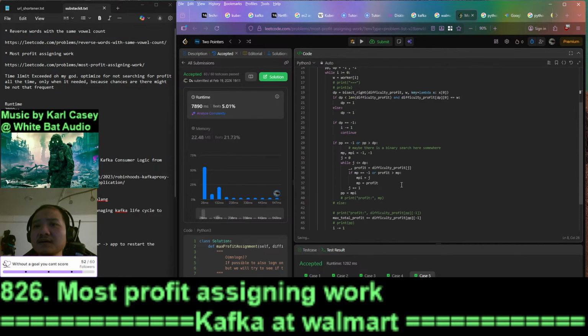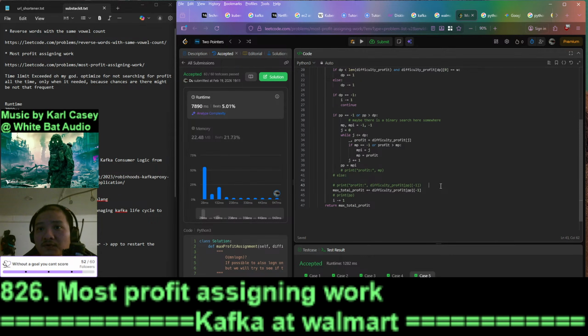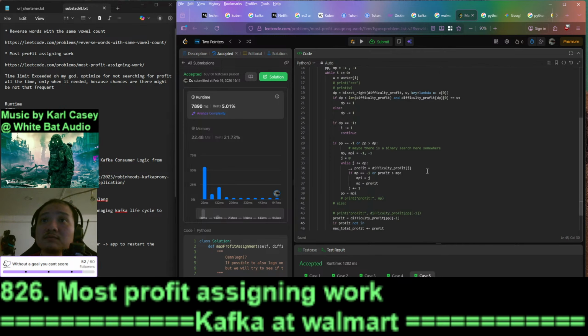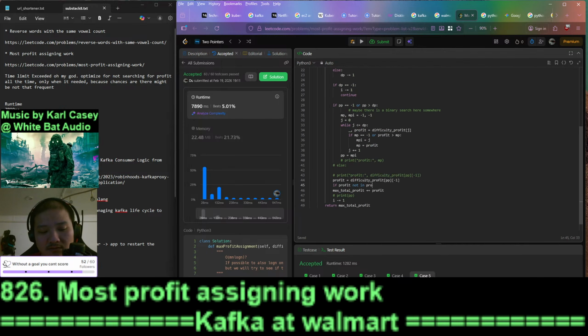So once we found the profit for this value, if profit not in profits cache, then we add it. Profits cache up, oh no, W, right?